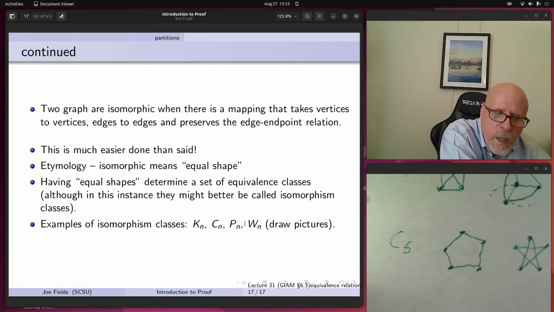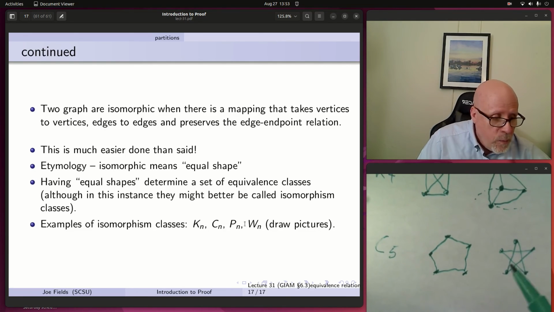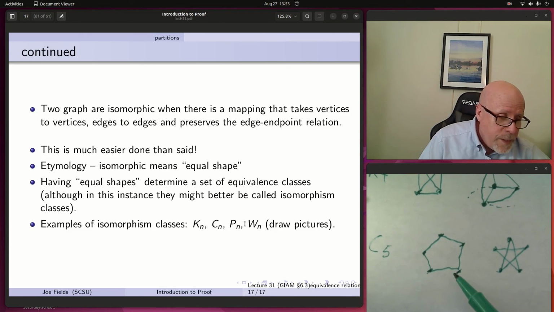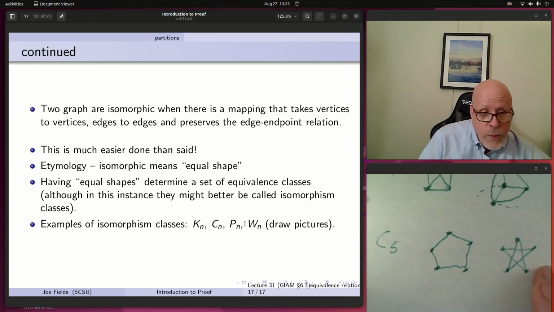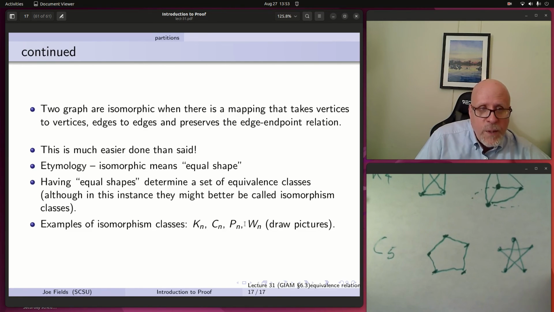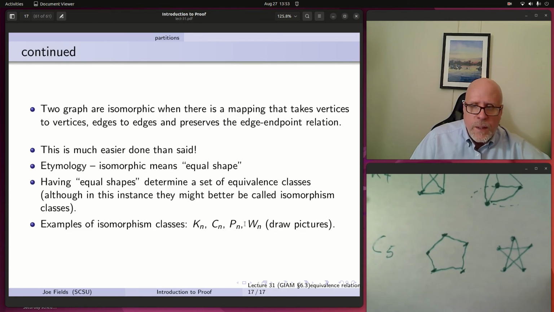If you watched me as I drew that, though, you'll see that that star is really the same thing as the C5. The connections went around in a loop and came back to where it started. So those are two different graphs, but they are really the same in terms of their shape. That's the equivalence class C5.